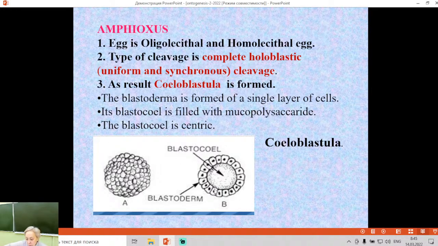And you see the coeloblastula of Amphioxus. The blastocoel is filled with mucopolysaccharide. The blastocoel is central. And you see a thin layer of blastoderm from small blastomeres.